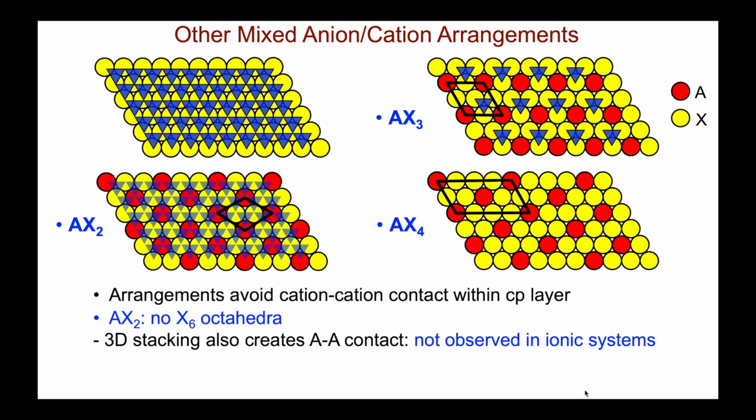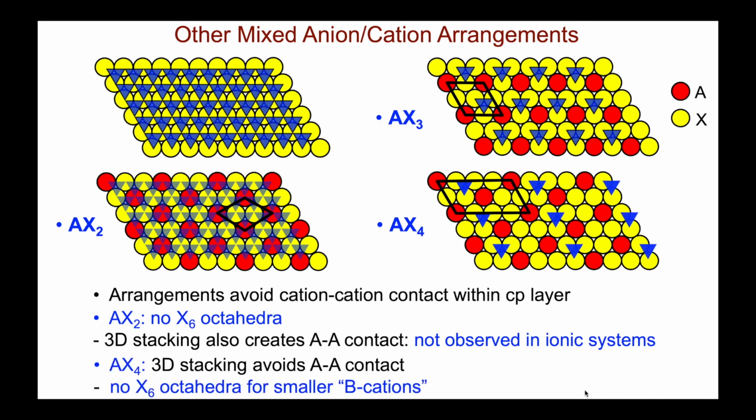For the AX4 close packed layer, we can identify at least the base of octahedra where the three neighbors below the interstice are all anions, and I've shown these in blue. So at least some of these octahedral positions, just looking at one layer, are possible.